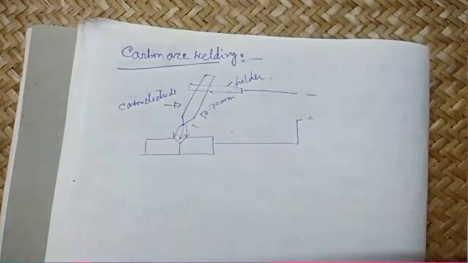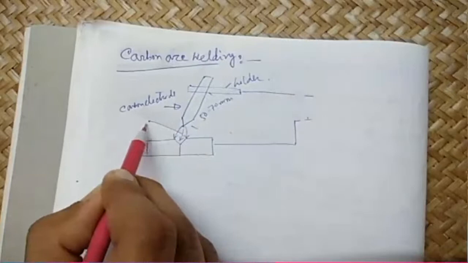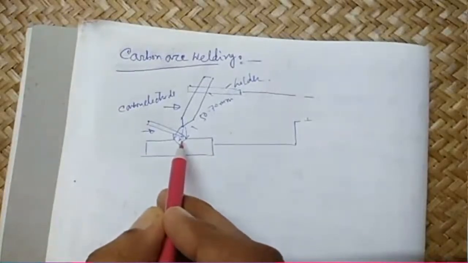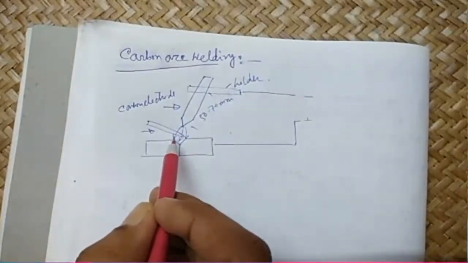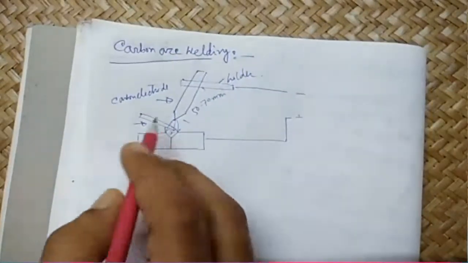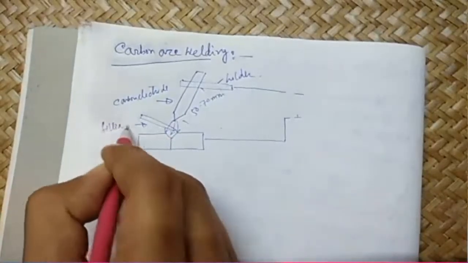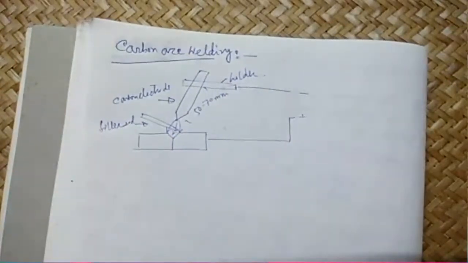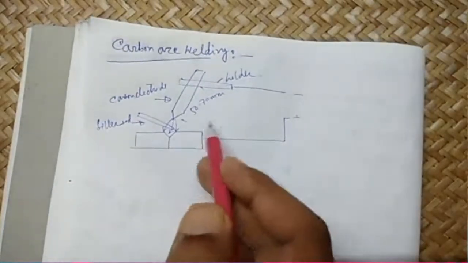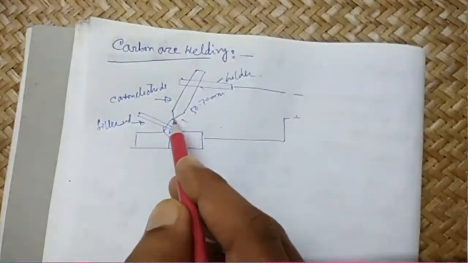If any filler material is to be provided, that filler rod is held at an angle of around 30 degrees to the arc. This is the filler rod, and it is similar to the parent metal. We use this polarity because we need to generate most of the heat on the job.